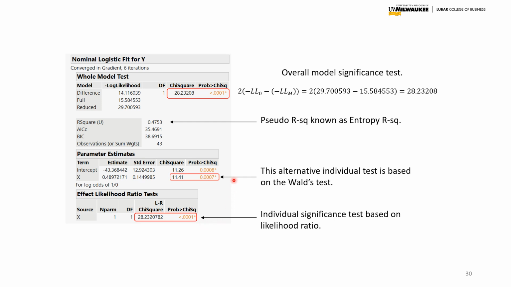So you actually have two different individual tests for, in this case, beta 1 equaling 0: the Wald test and the likelihood ratio test. The reason the Wald test is reported is because it has certain advantages and it can be used for testing one-sided tests. But all in all, we see the Wald test is giving us the same conclusion, strong evidence for rejection.